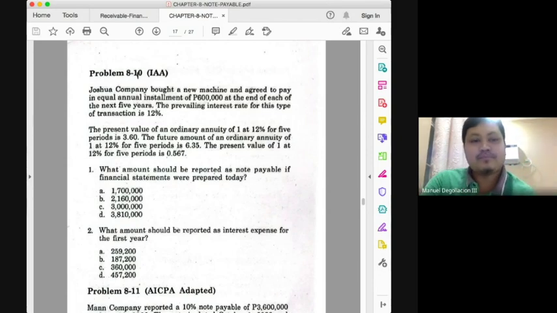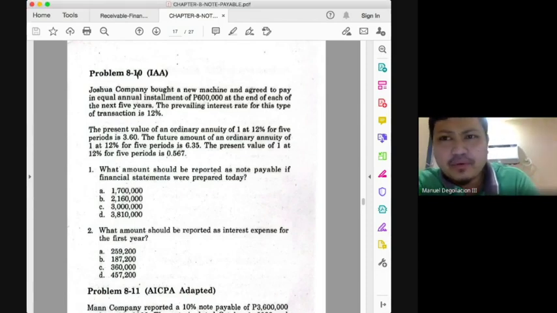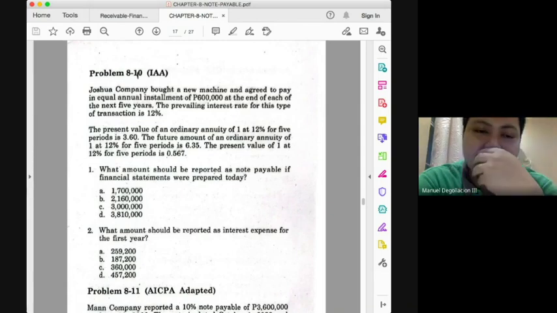Okay. Next, for number 2, what amount should be reported as interest expense for the first year? So if you're using the amortized cost method, class, your interest expense is to be determined using the effective interest method.